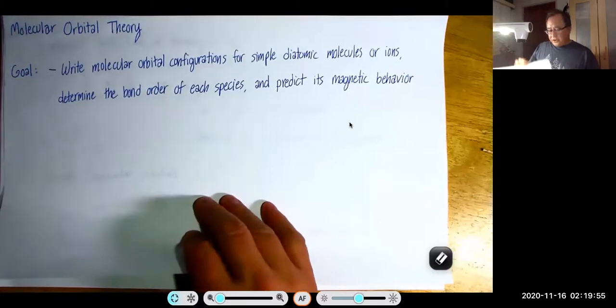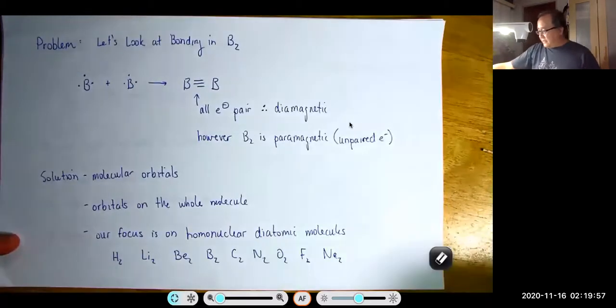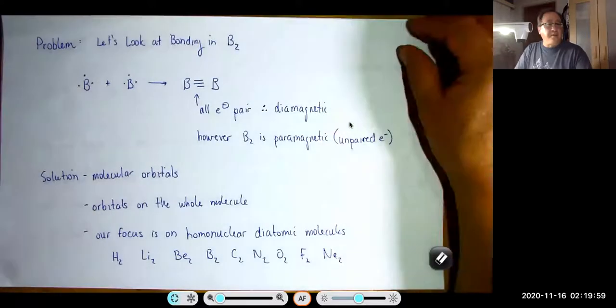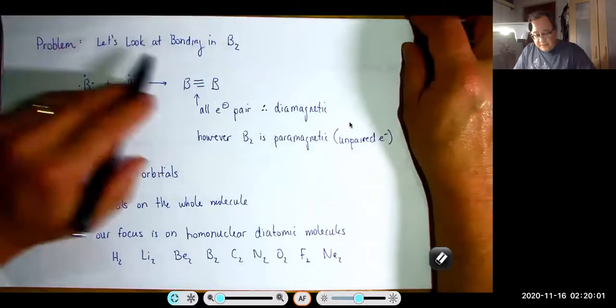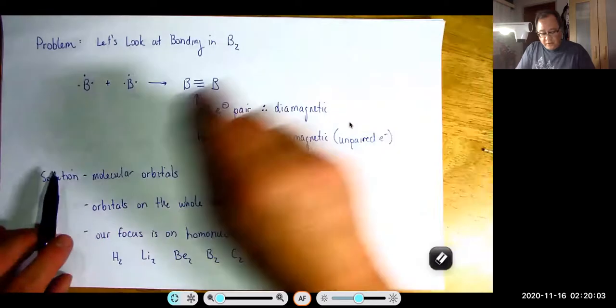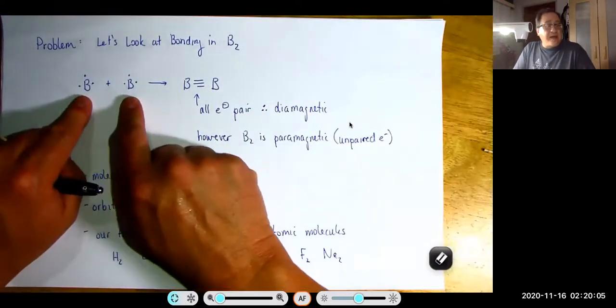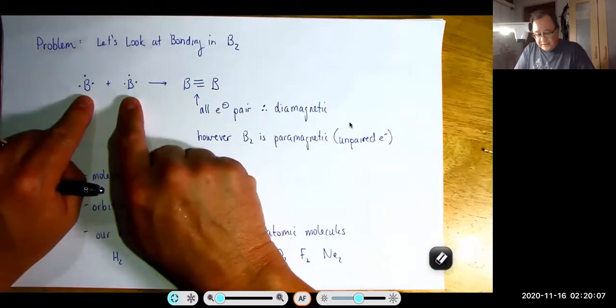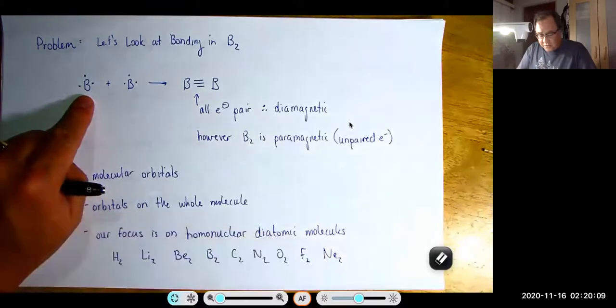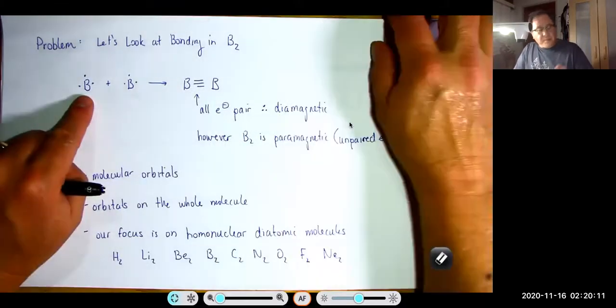Okay, so let's look at molecular orbital theory, and here's one of the problems. Let's look at bonding in B2. If we look at B2, you've got two boron atoms, each with 3 valence electrons. You can imagine that maybe they form a triple bond.